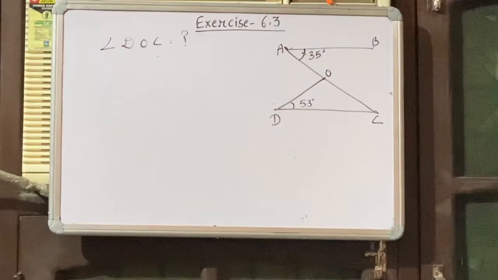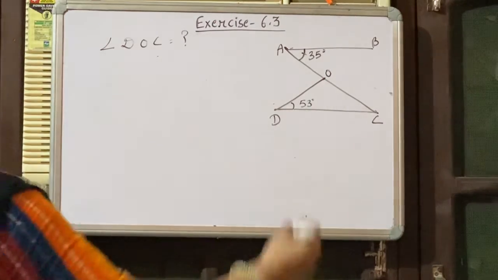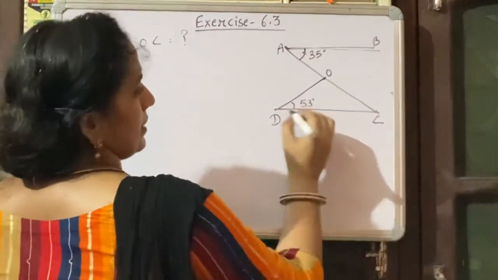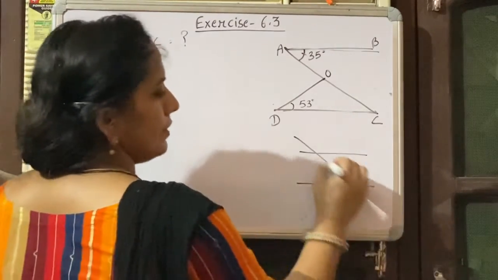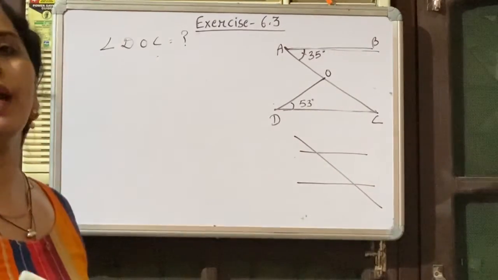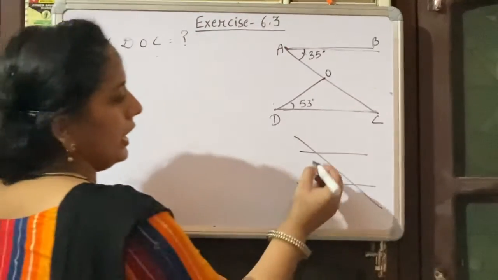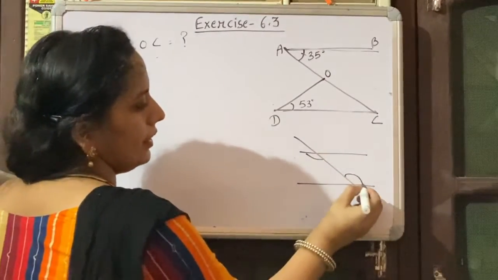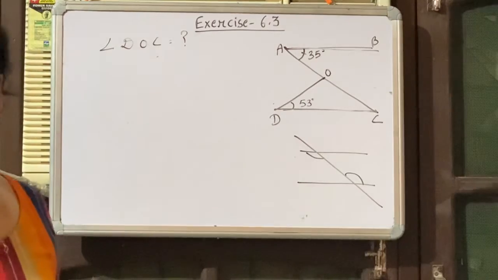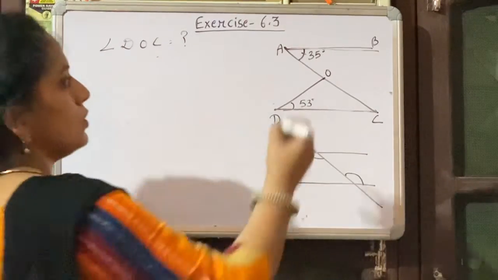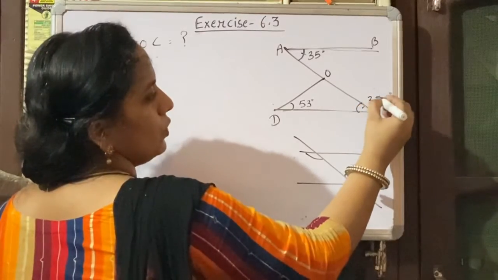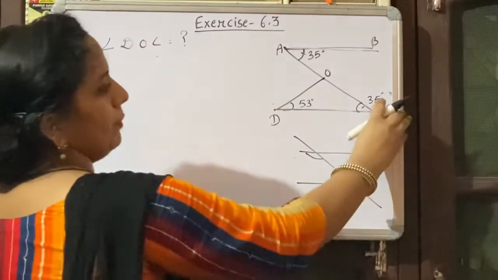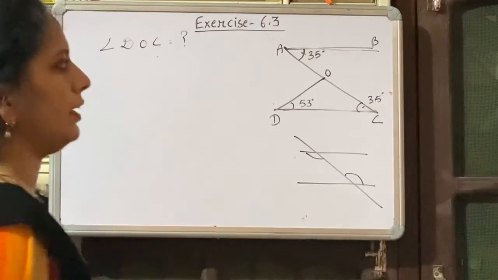First of all, we can see here, these are two parallel lines and we know if a transversal line cuts two parallel lines, then alternate interior angles are formed and which are equal in value. So if this is 35, then angle C is also equal to 35 degree because this is an alternate interior angle.